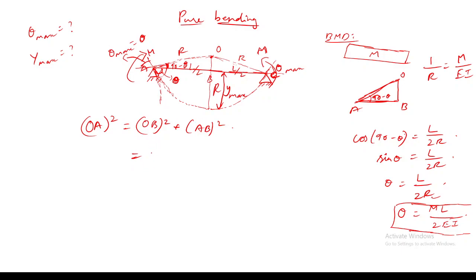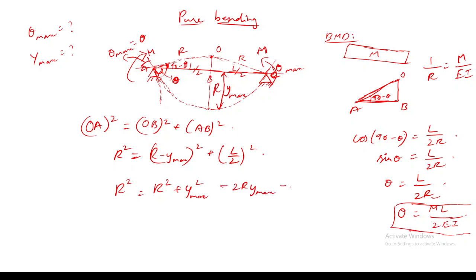It is R minus Y max, the whole square, plus AB square, which is L by 2, the whole square. And OA is R square. Expanding this term, it will be R square is equal to R square plus Y max square minus 2R Y max plus L square by 4.